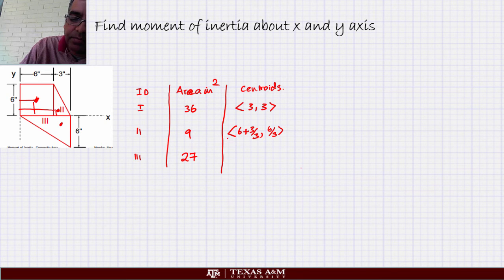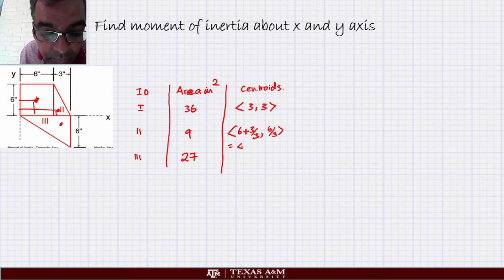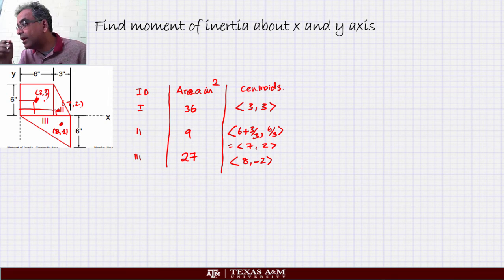So that turns out to be 7, 2. Do the same thing for the last one, and that will give me 8, minus 2. So that's the coordinates of this point: 8, minus 2. That's 7, 2. And then this one is 3, 3. You're with me? So we can calculate the centroid.